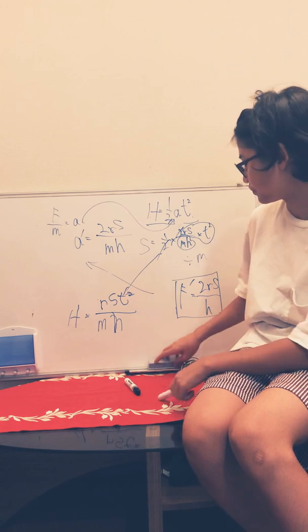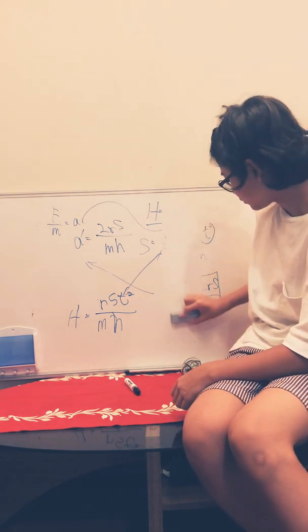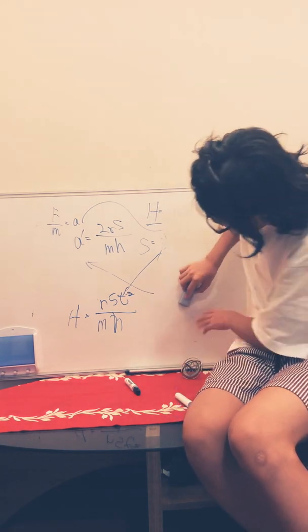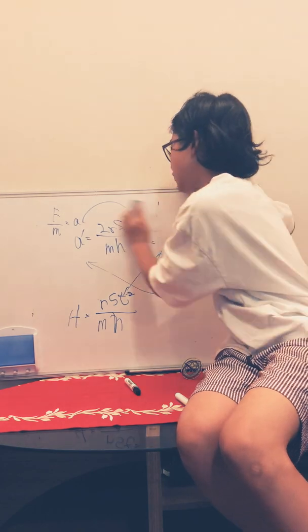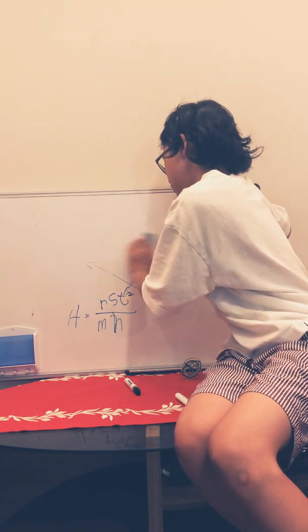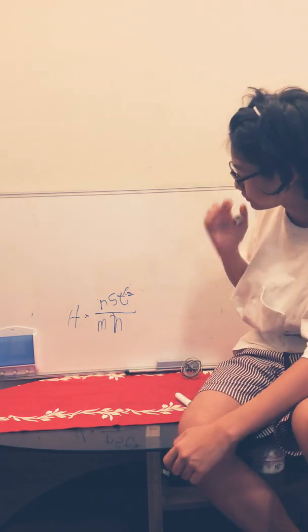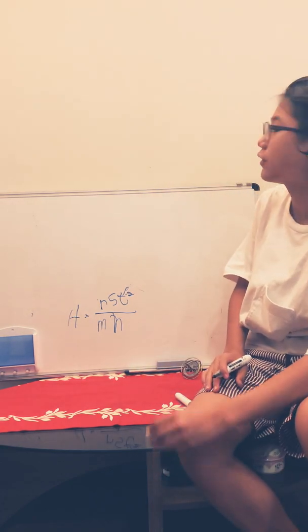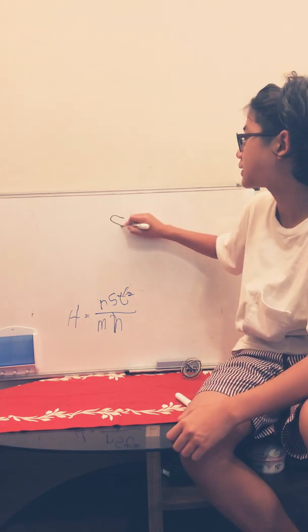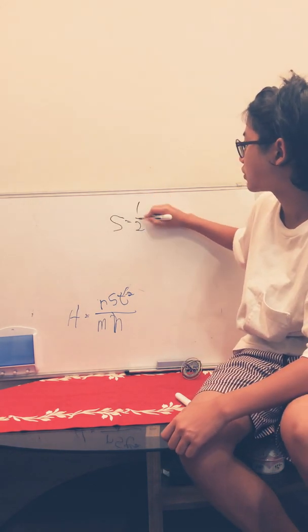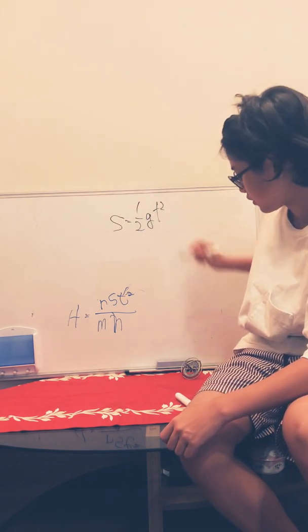So for the solution of this problem, I use the formula which I mentioned before, S equals half g t squared.